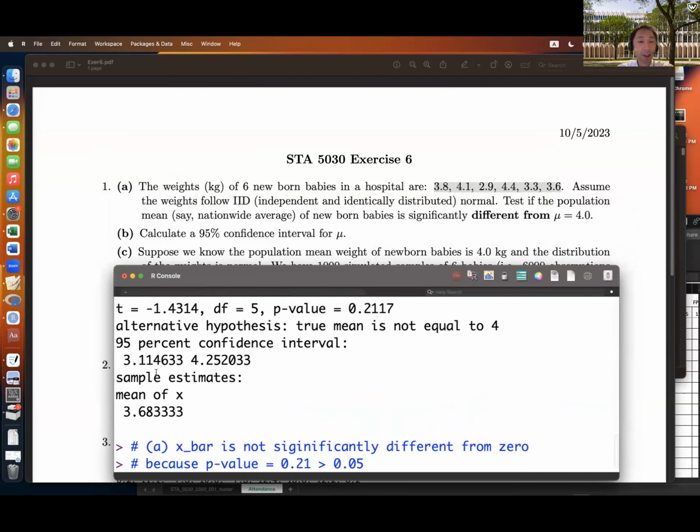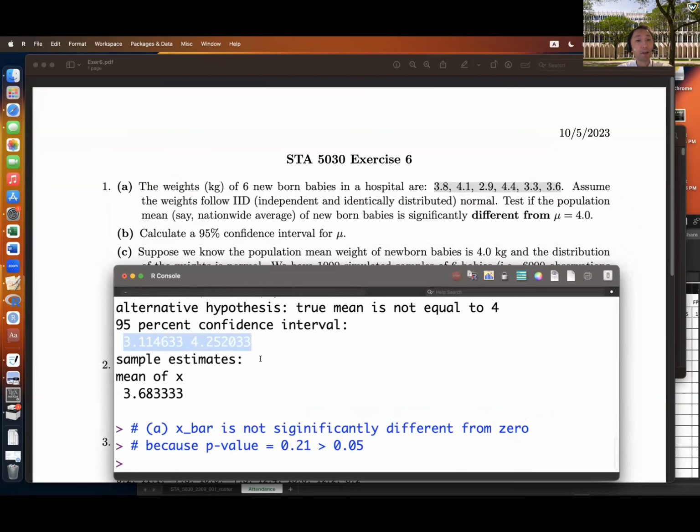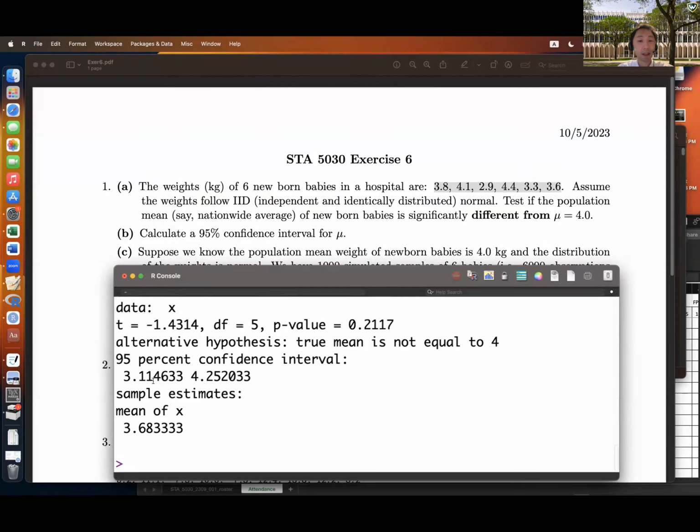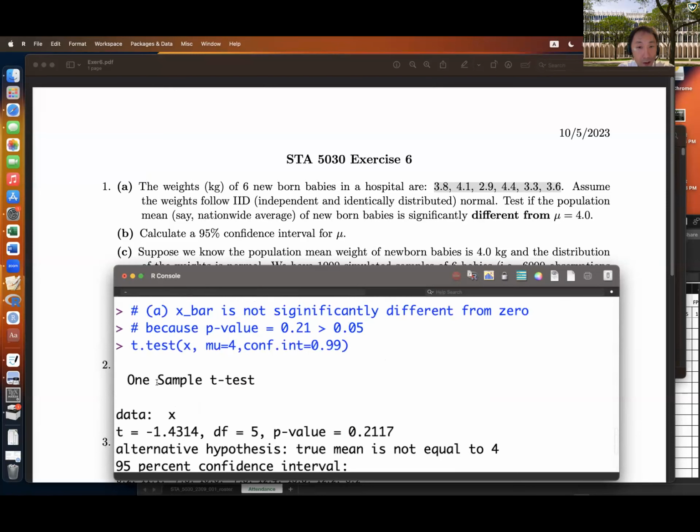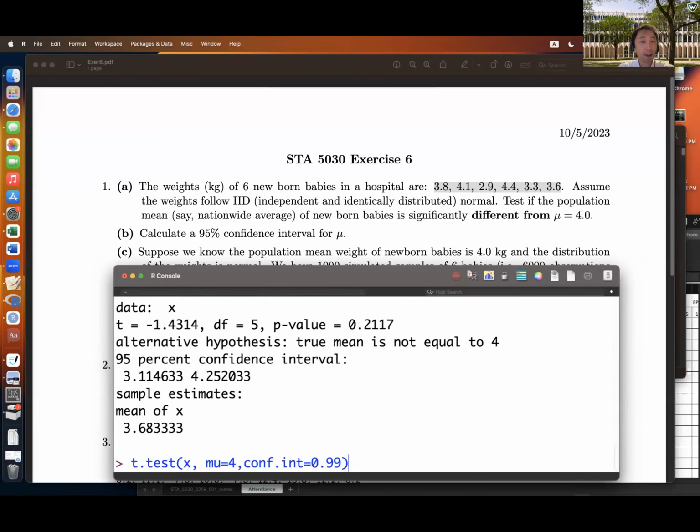Actually, this is already given here. The 95% confidence interval is 3.11 to 4.25. If we want to change the 95% to a different number, for example a 99% confidence interval, we can set the confidence level, conf.level.